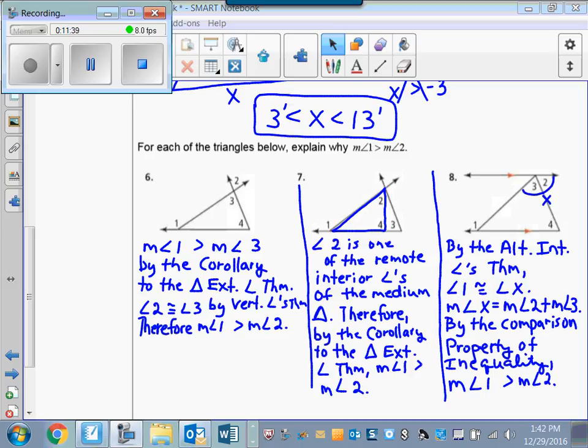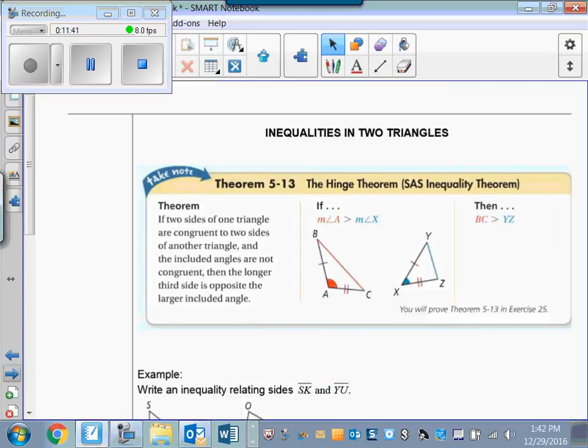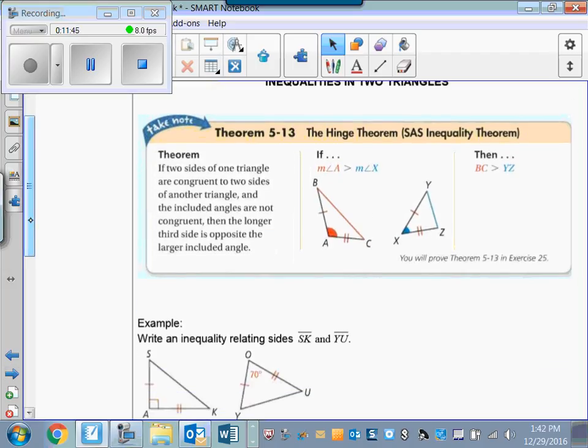Because now we're going to move on to inequalities in two triangles, and we're going to start with the Hinge theorem that says if two sides of one triangle are congruent to two sides of another triangle, and the included angles are not congruent, then the longer third side is opposite the larger included angle.